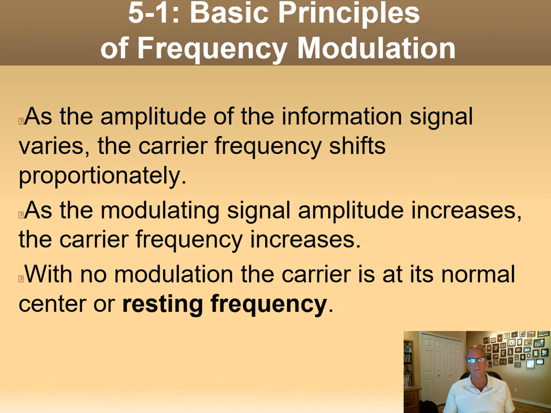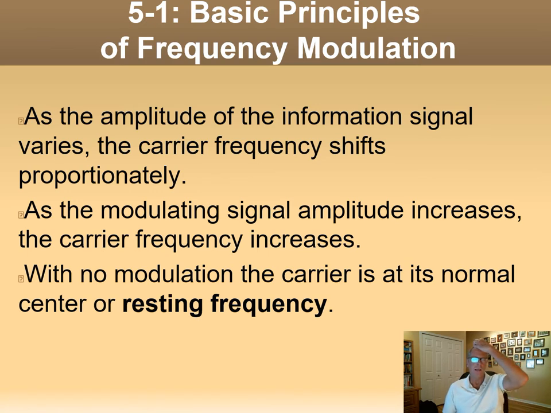So the way FM works is that you have a carrier at a resting frequency. So it's a particular, let's say 100 megahertz. And as you increase the amplitude of the modulating signal, it moves that resting frequency higher. And then if you lower the amplitude of the modulating signal, it moves the resting frequency lower.